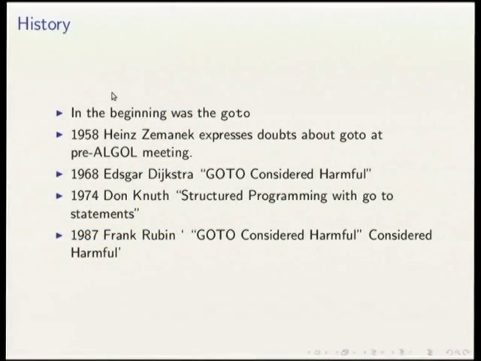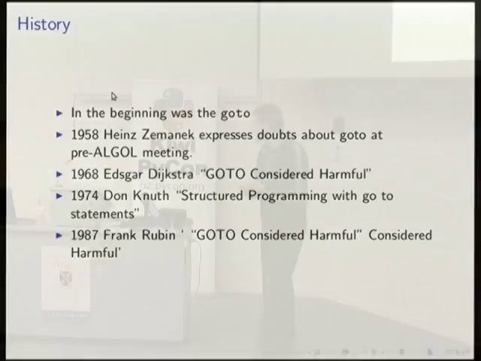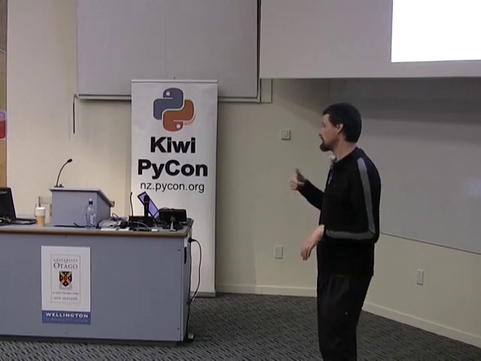It's been around a long time, right? In the beginning, when computers were first created in the 40s and 50s, they had this Goto, this jump. And in 1958, Heinz and others were in a pre-Algol meeting. Algol is a programming language which was created in 1960.